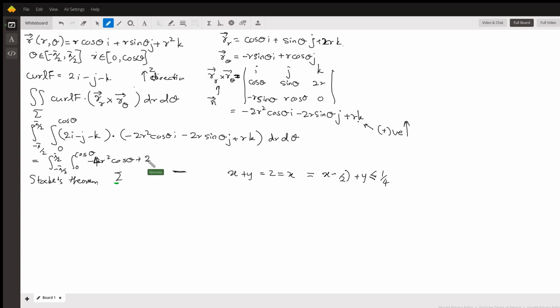Plus 2r sine theta minus r dr d theta, right? Okay, so this is the integral that we need to deal with. I think we don't need this stuff anymore, so I'll just erase it and then work the whole integral.